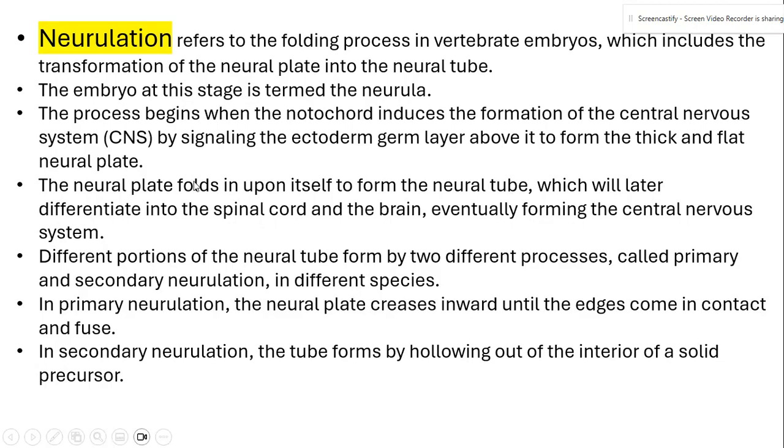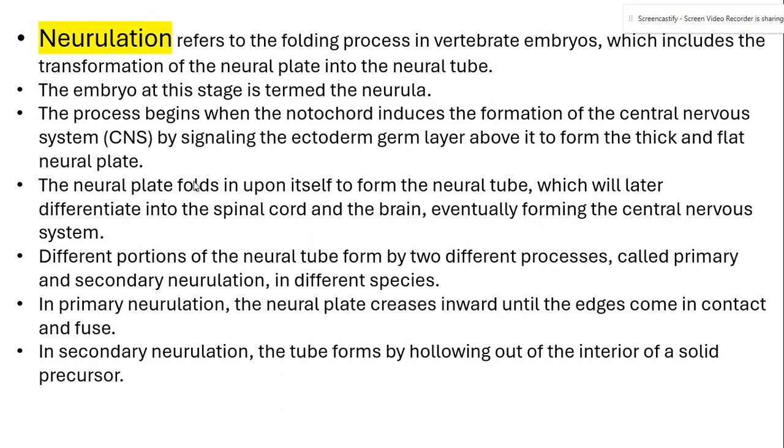Different portions of the neural tube are formed by two different processes called primary and secondary neurulation in different species. In primary neurulation, the neural plate creases inward until the edges come in contact and fuse, right? So they're actually going inside, all right, and form a tube.